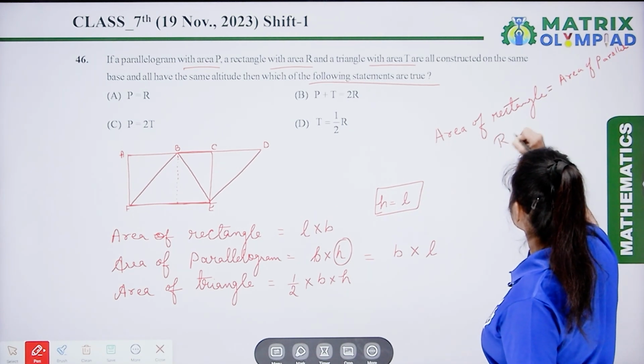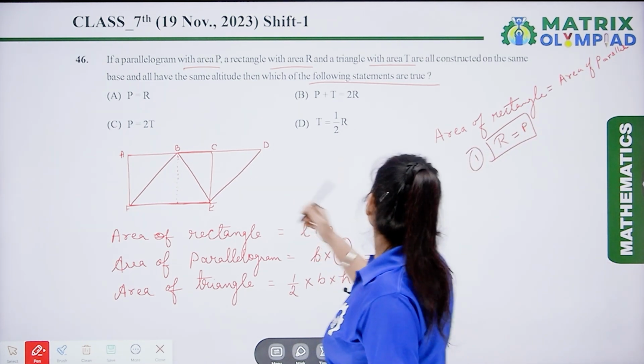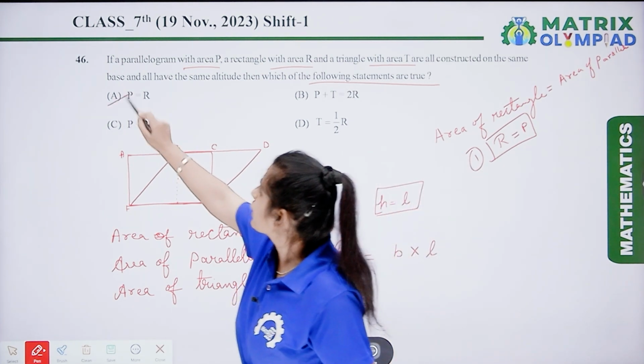So, R is equal to P. So, according to the options, option A is correct.